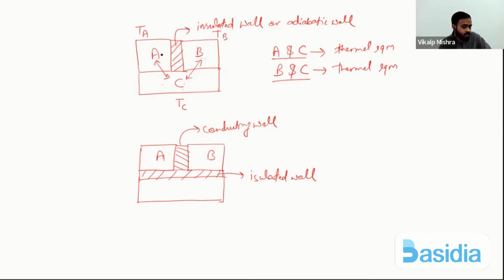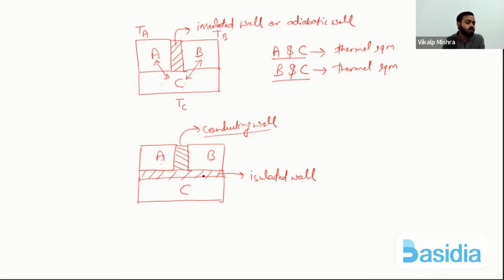Earlier there was an insulated wall between A and B, but now we have replaced it with a conducting wall. And A and C and B and C were in contact directly, but now we have put an insulated wall between A and C and B and C. But we have already seen when A and C are in equilibrium and B and C are in equilibrium, their macroscopic properties will not change with time.